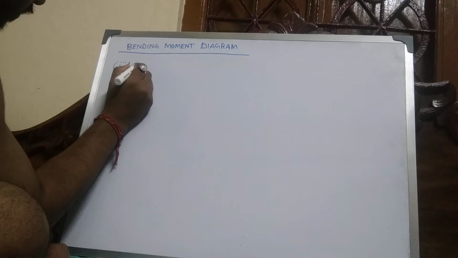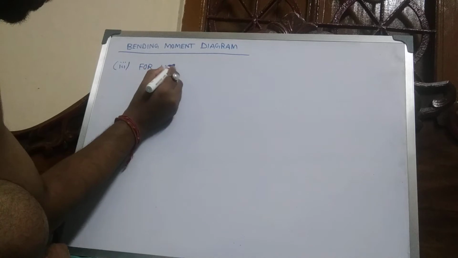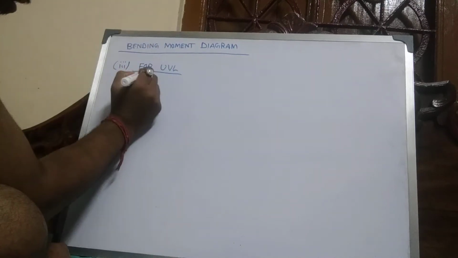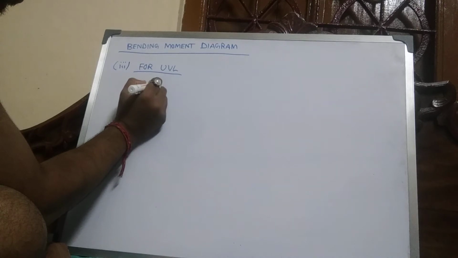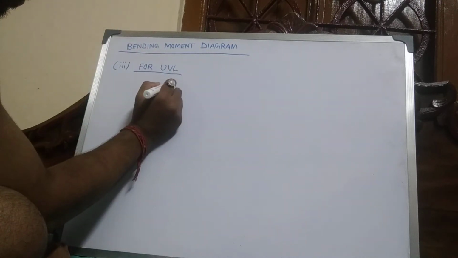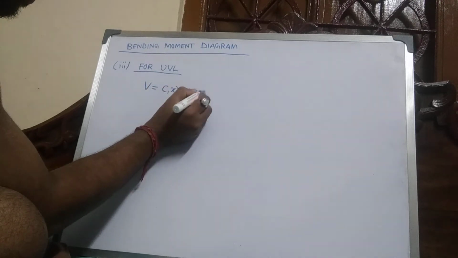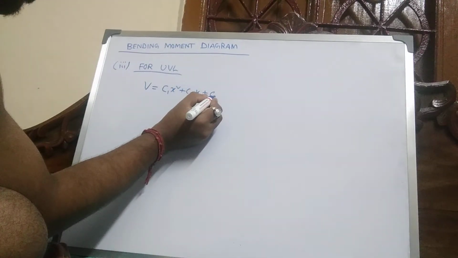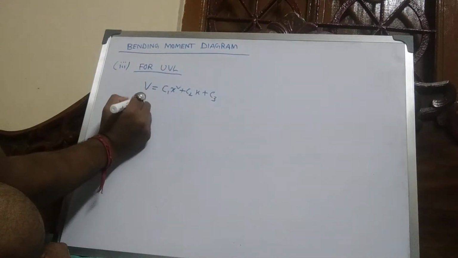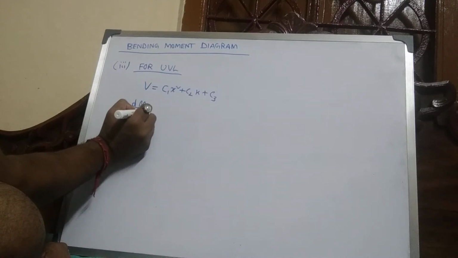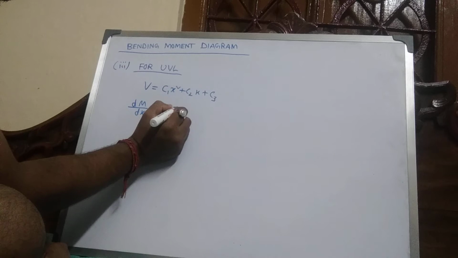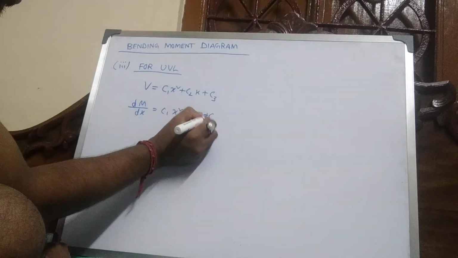Case 3, shear force diagram for UVL, uniformly varying load. We know shear force for uniformly varying load is C1 x squared plus C2 x plus C3, hence parabolic, and V equals dM/dx equals C1 x squared plus C2 x plus C3.